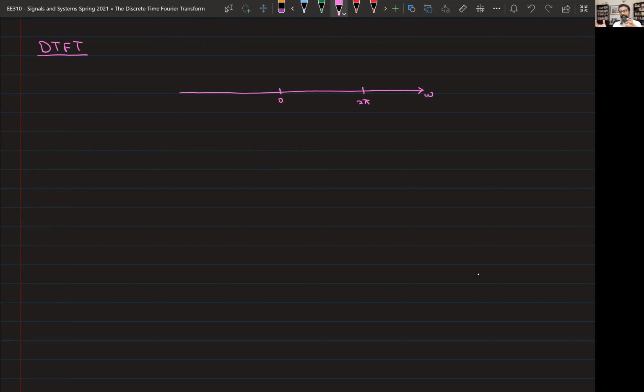But outside of this interval, as I increase the frequency slightly beyond 2 pi, the frequency that I get is actually the same as the one I had in the interval 0 to 2 pi. So the unique frequencies only reside between 0 and 2 pi.